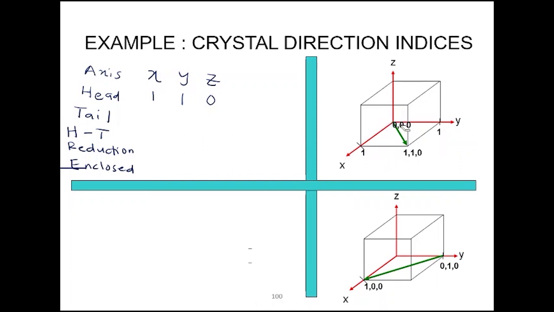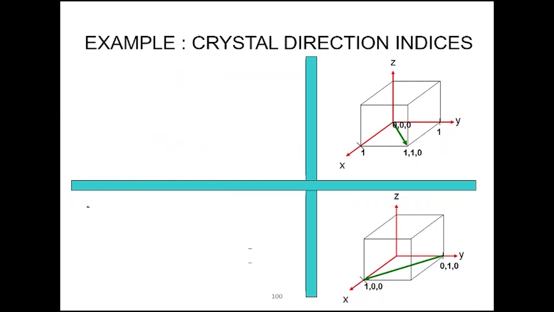It doesn't move in any direction. For head minus tail, 1 minus 0 is 1, 1 minus 0 is 1, and z is 0. The last part, we do the enclosure: 1, 1, 0. Please remember, the enclosure must be this shape.